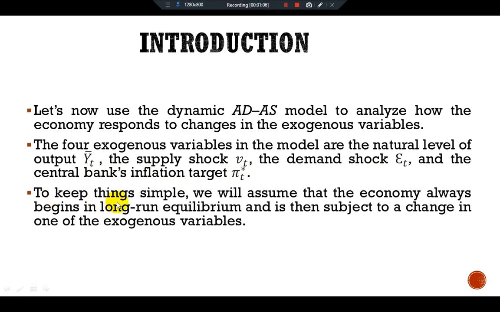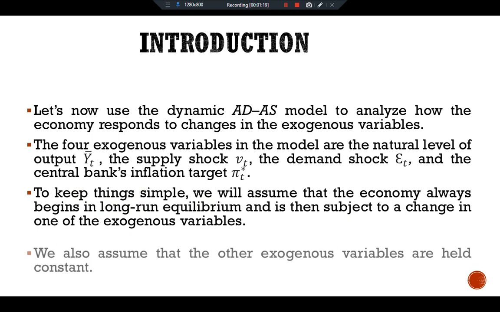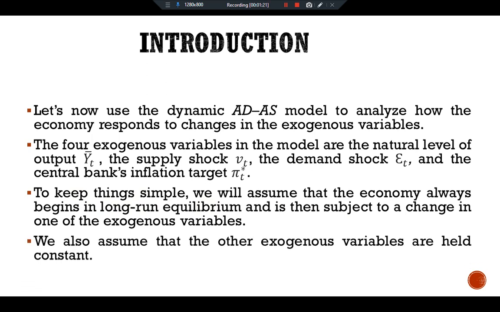To keep things simple, we will assume that the economy always begins in long-run equilibrium and is then subject to a change in one of the exogenous variables. We also assume that the other exogenous variables are held constant.